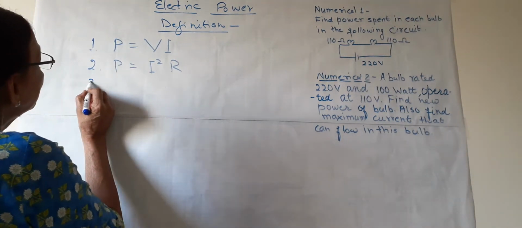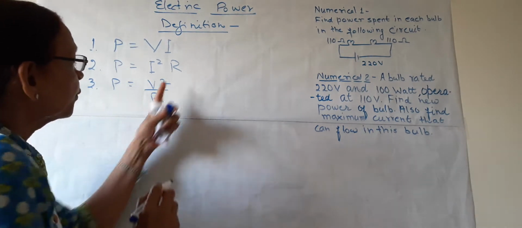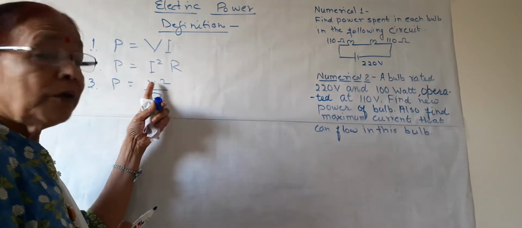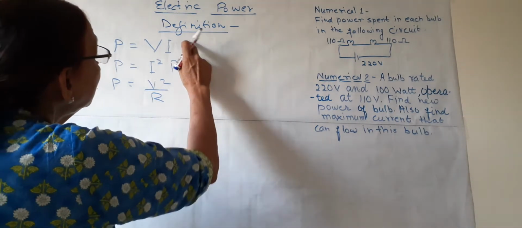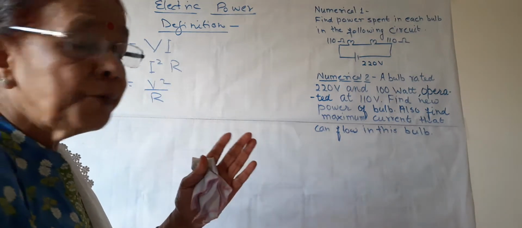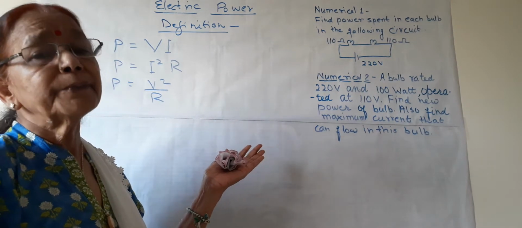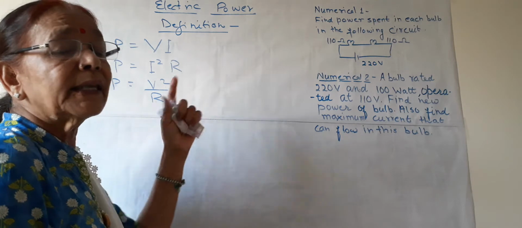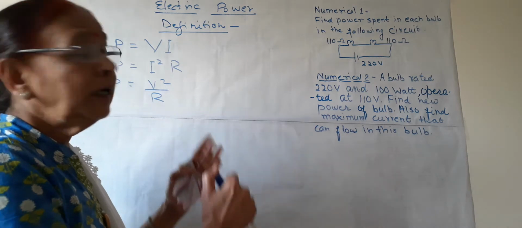The third formula is P is equal to V square upon R. Square of voltage or PD divided by resistance is also P. These are three important formulae which you should learn by heart, and in different numericals you have to use them according to the data given in the question.